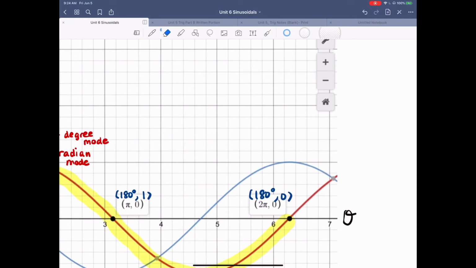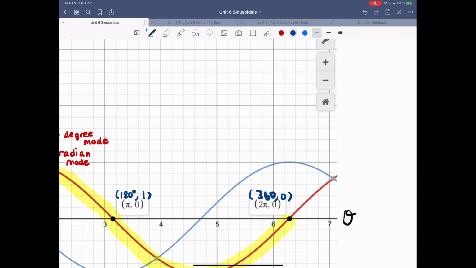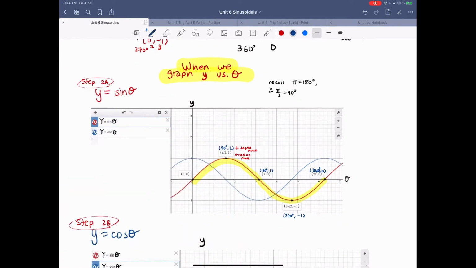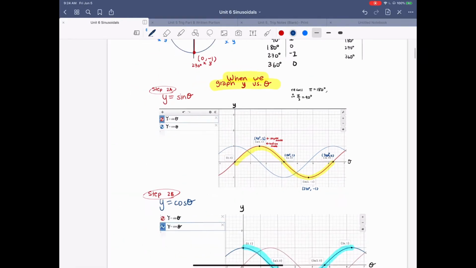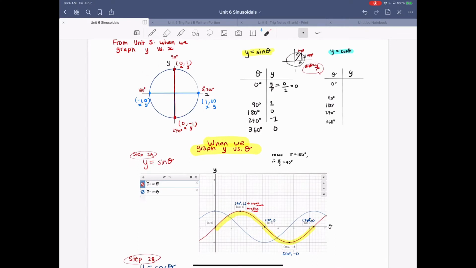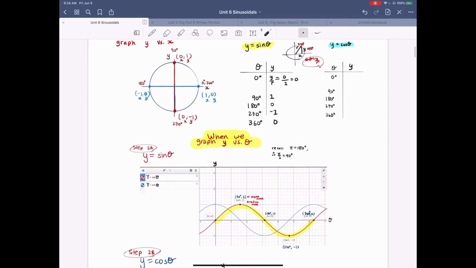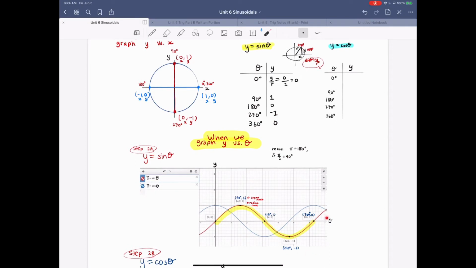That's wrong. That should be 360, right? Because 2 pi is equal to 360. That makes more sense. A full circle is 360 degrees. So a full cycle for a sine theta, if it hasn't been transformed, should have a period of 2 pi, because it's made a full circle around the circle.